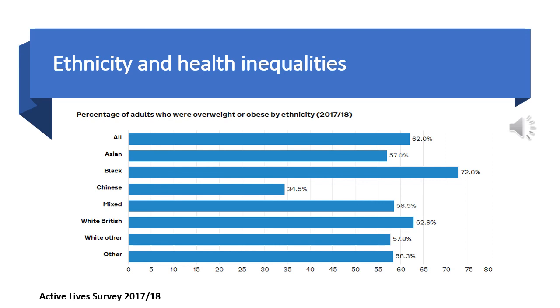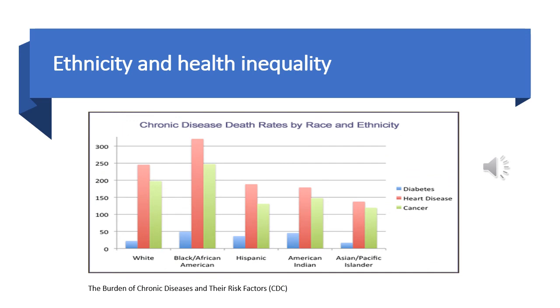It has been shown that the prevalence was higher among the Black population, followed by the white British, and least in the Chinese, followed by the Asian. So the variation across ethnic groups in terms of obesity might be an alarming sign, causing health inequality.